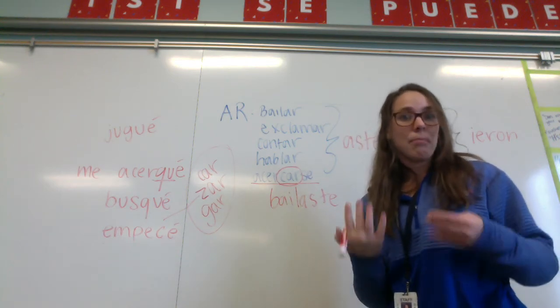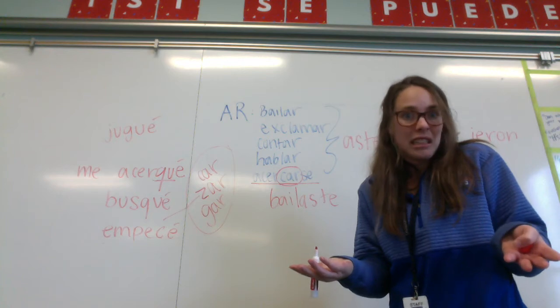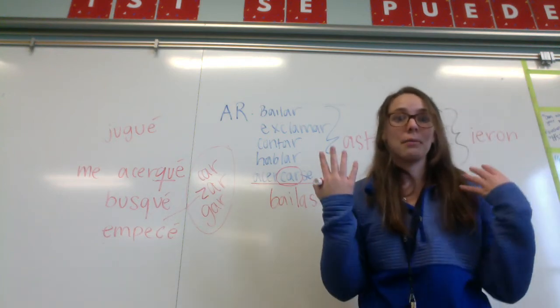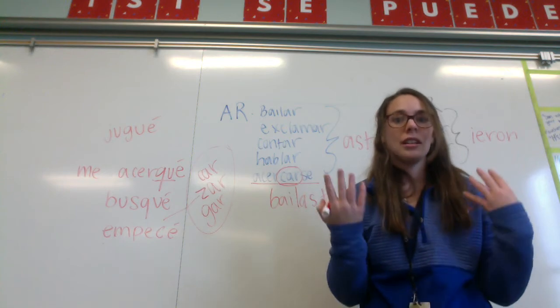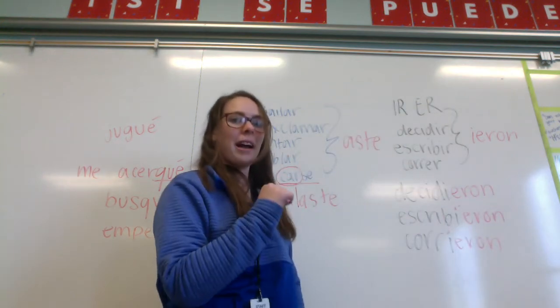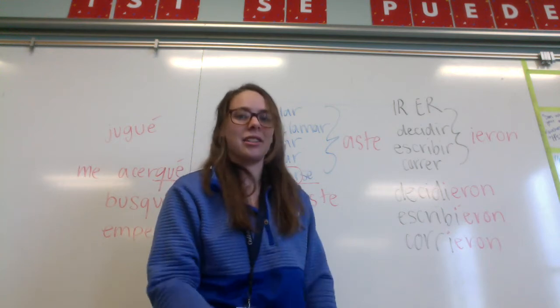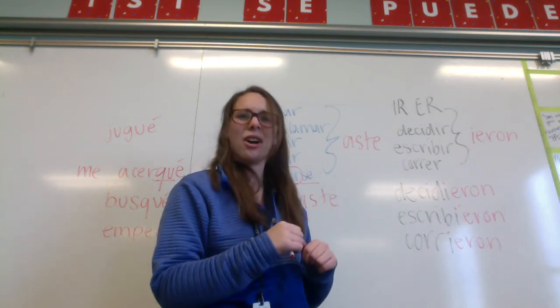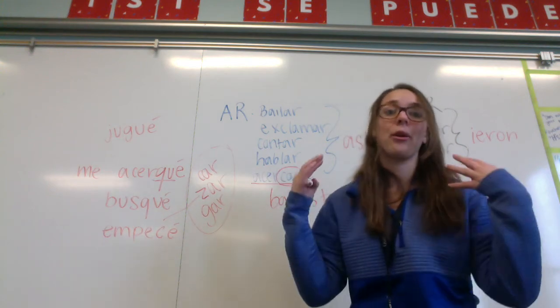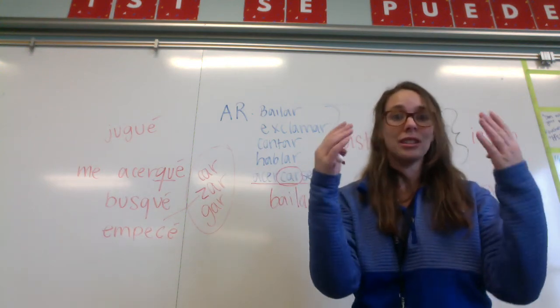Or, did you talk with the teacher? Hablaste con el profesor? Oh, sí, yo bailé ayer. Yes, I danced yesterday. Sí, hablé ayer. I talked yesterday. But this ASTE ending is great for knowing how to say you, too. Did you do something?